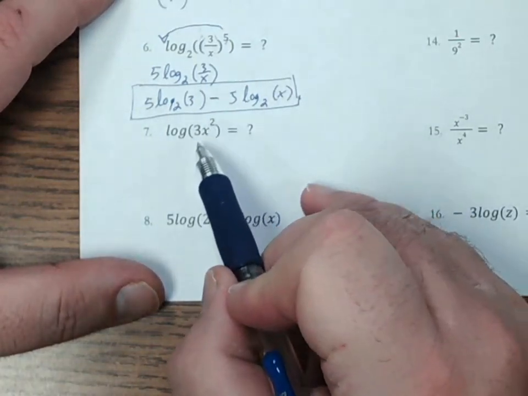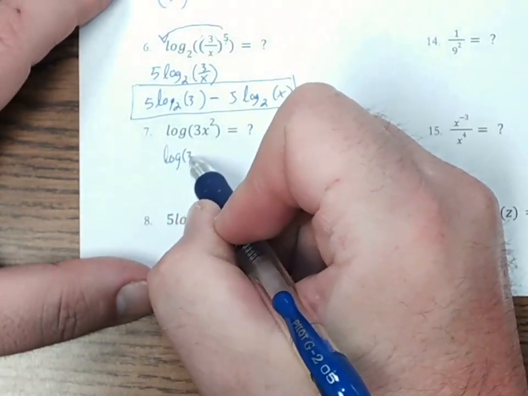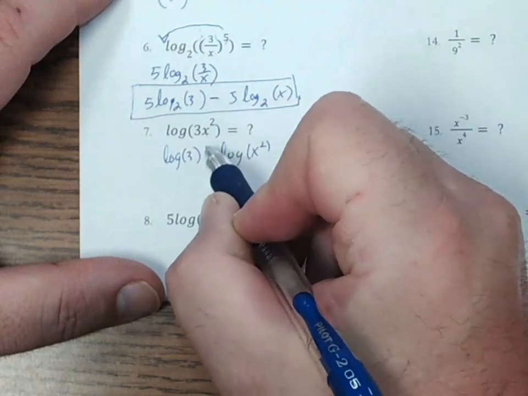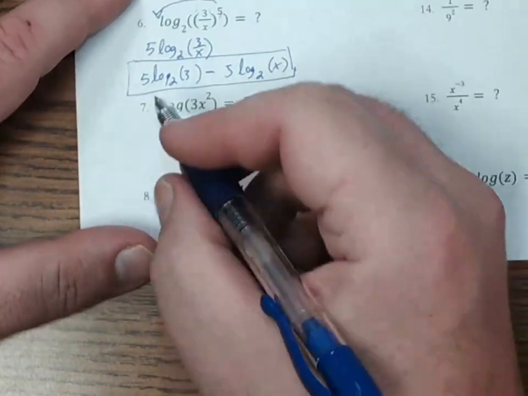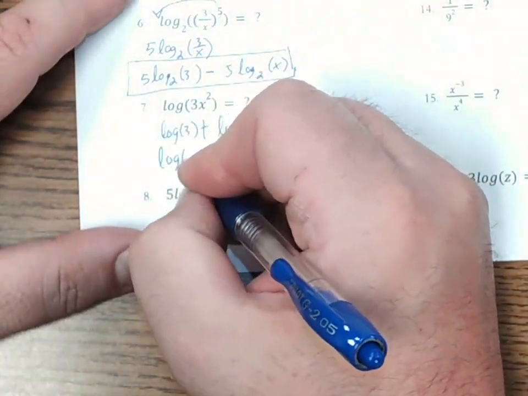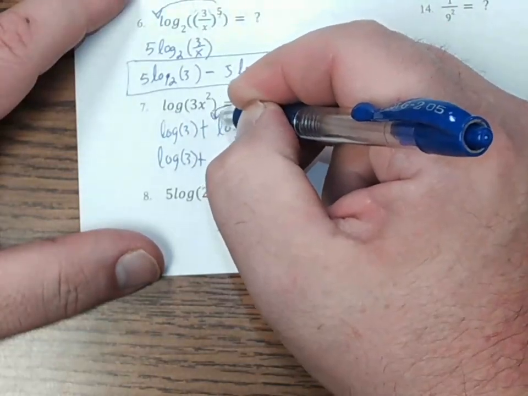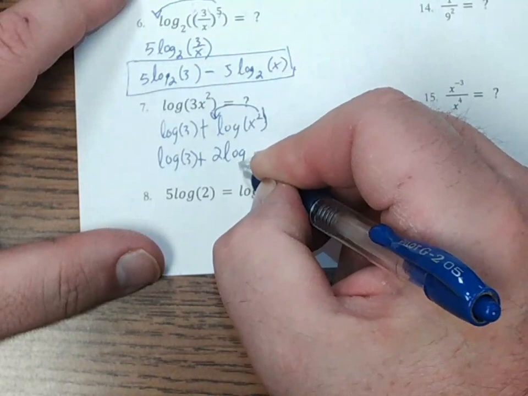So before I can move it, I need to split these two up. So I'm going to write this as the log of 3 and the log of x squared. And I can add them since it's multiplication. The log of 3 is not going to change at all. There's nothing more I can do there. But I can take this 2 and put it in front of the log here. So log of 3 plus 2 times the log of x.